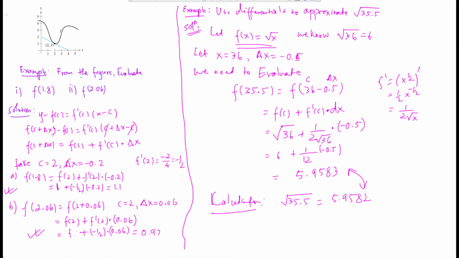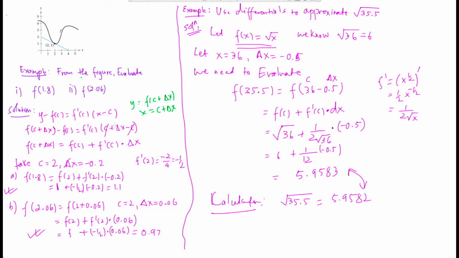Also in the previous video, if you take a little right or left of c, then you replace y by f(c + delta x) and x by c + delta x. If you do that, you get f(c + delta x) minus f(c) equals f prime of c times (c + delta x minus c).